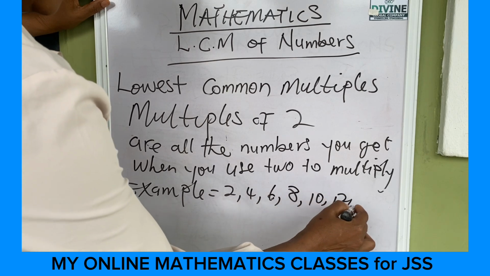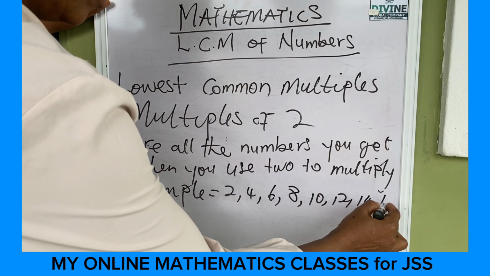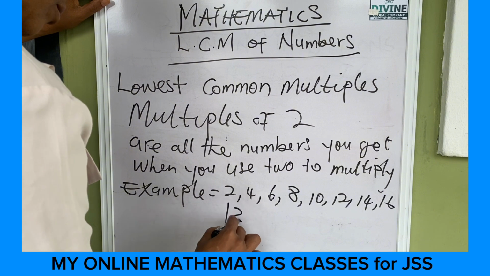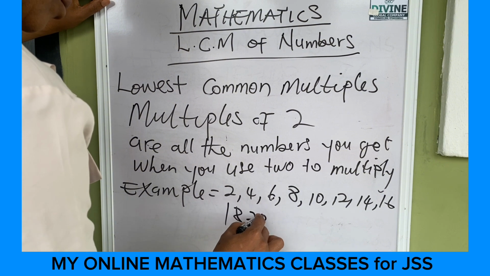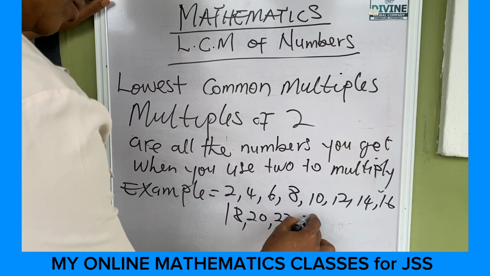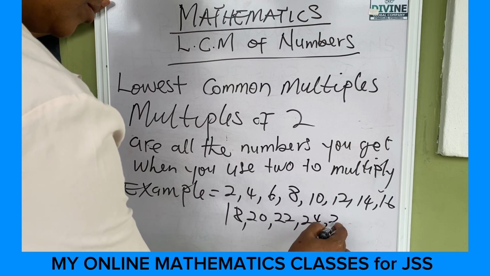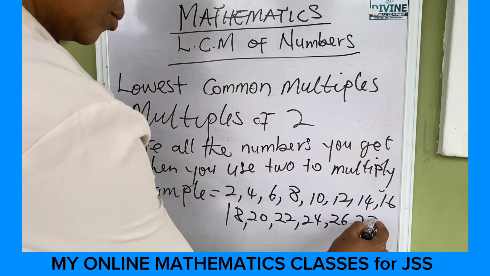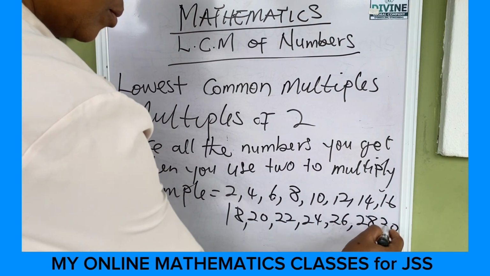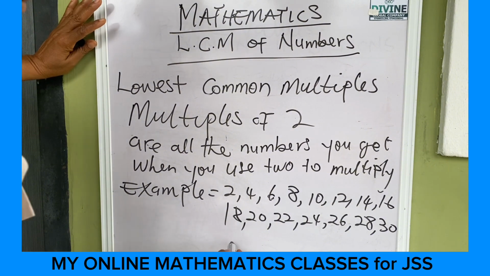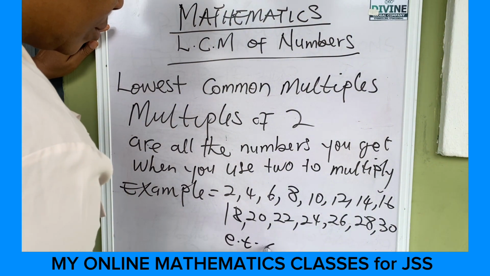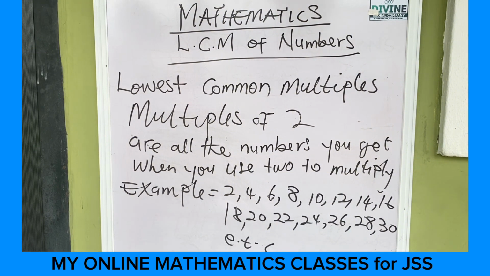So continue like that. You have 8, 10, 12, 14, 16, 18, 20, 22, 24, 26, 28, 30. These are multiples of 2. And it continues till infinity, it doesn't end.